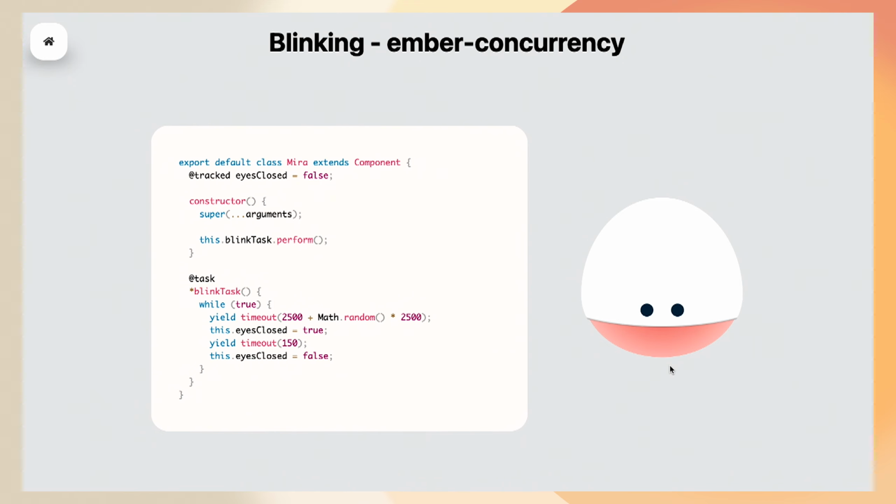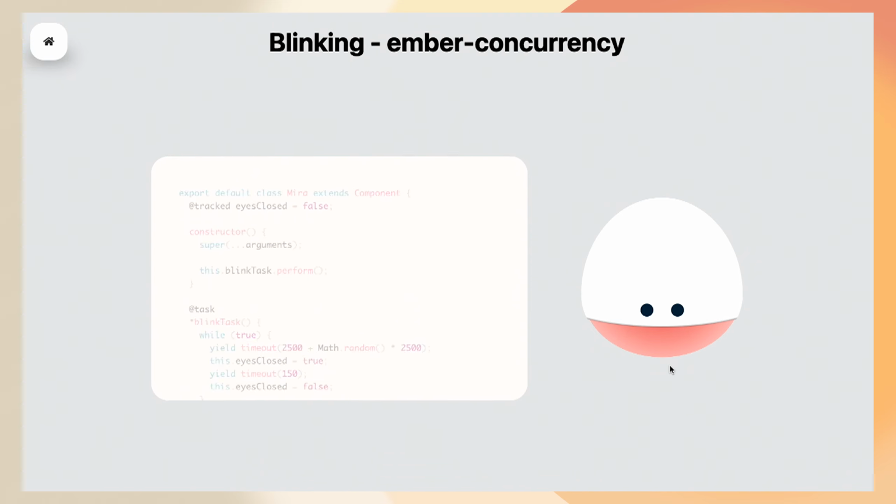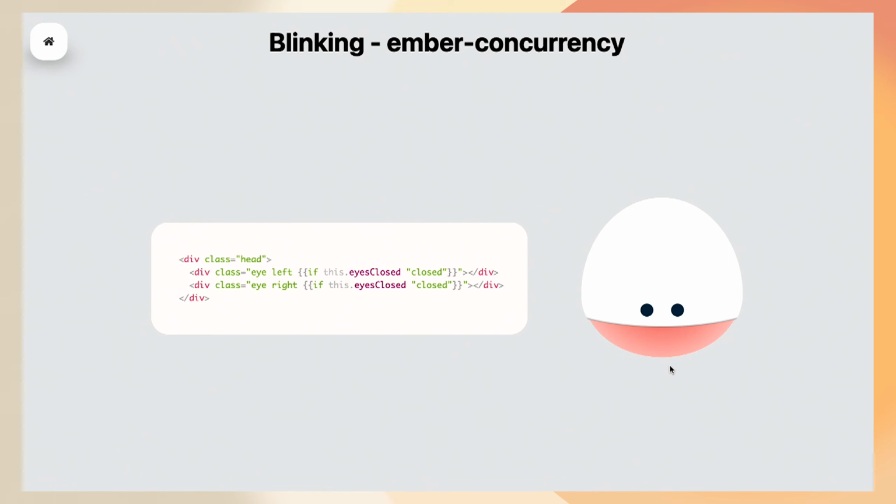We'll keep the eyes closed for 150 milliseconds, which is the duration of the animation that we defined. And then, if the tracked property says the eyes are closed, we will add a class closed, because that's what we wrote the styles for before. And now, eventually, Mira should start blinking. Yeah, that worked. It's random, so you never know how long it takes.